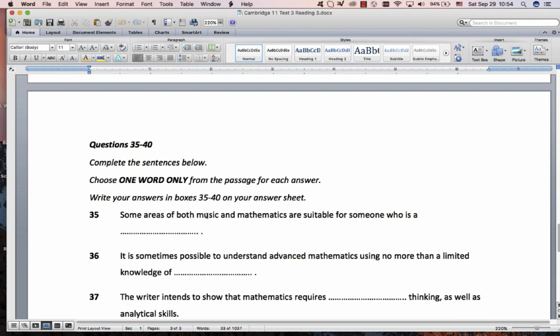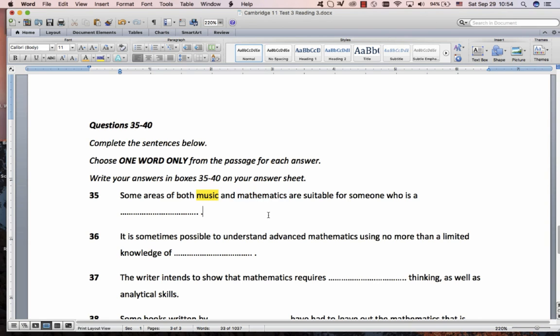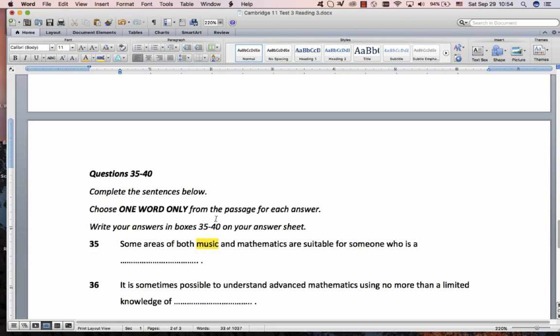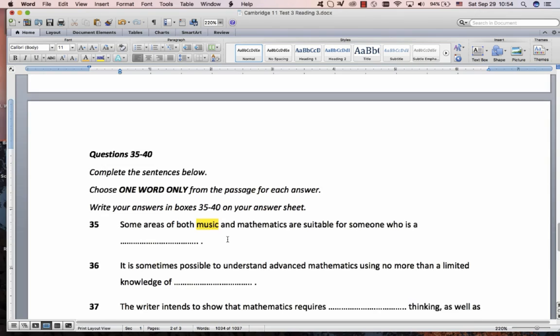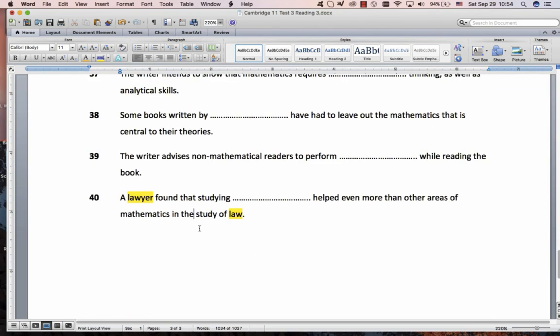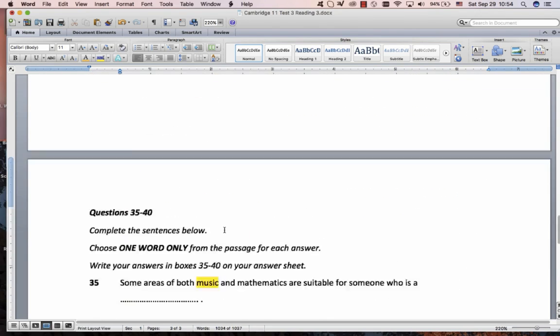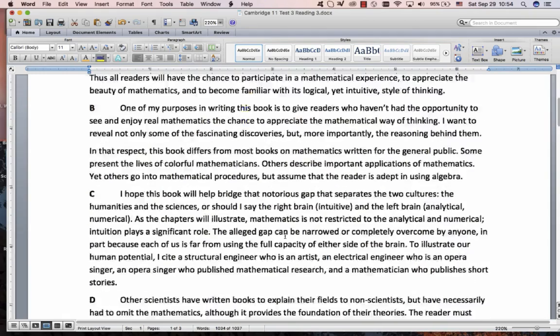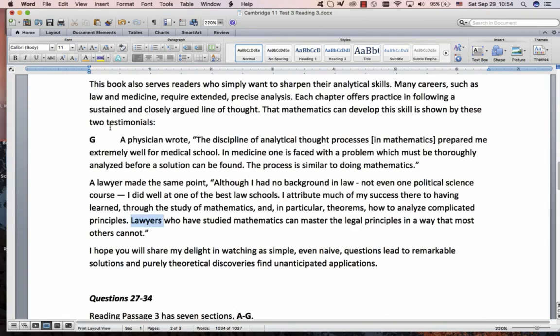So what you're going to do is scan for that, not "mathematics" because it's everywhere, and then scan for "lawyer" and "law". But common sense tells us to start scanning for "music" in paragraph 1, start scanning for "lawyer" at the end and scan backwards. And soon you will find that music is there and lawyer is there and there.